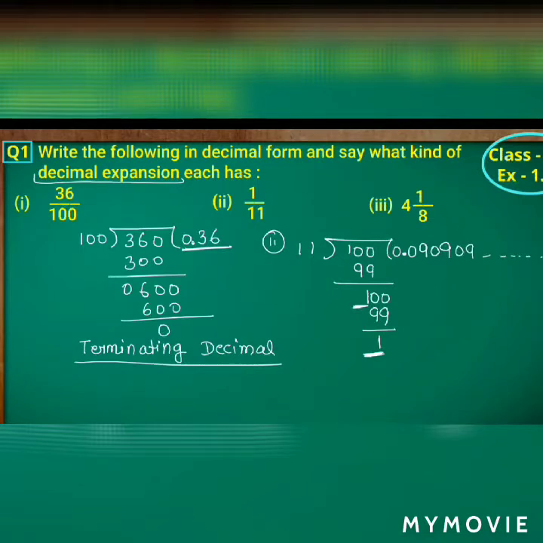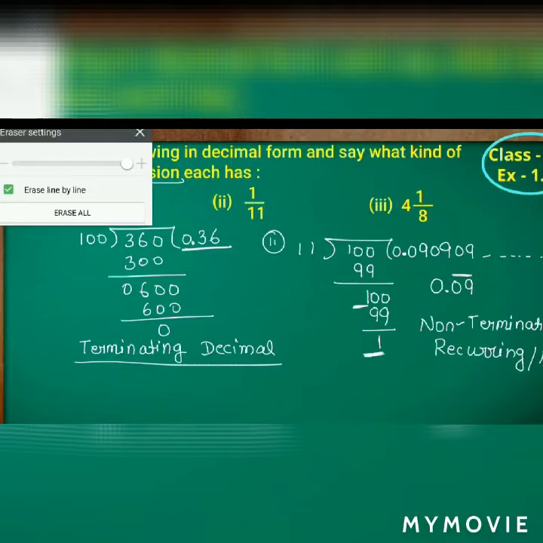So the quotient 0.090909 can be written as 0.09 bar. We put the bar for only 09, since 09 is repeated so many times here. So what is the decimal? It is a non-terminating, recurring or repeating decimal, isn't it?